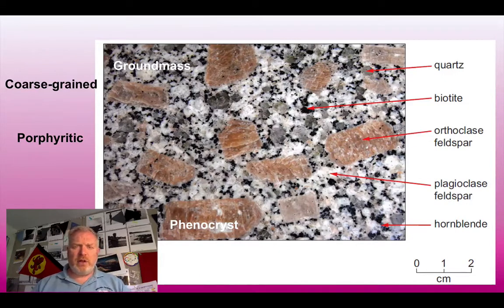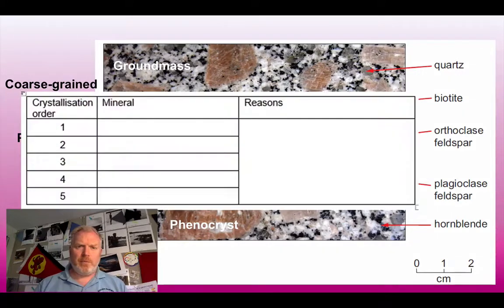Now, if we look at these minerals and use the size of the crystals to determine the speed at which they cooled, I suspect most of you, if not all of you, would have come up with an order that looks a bit like this.